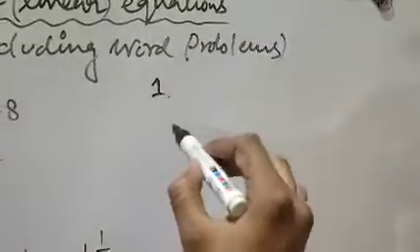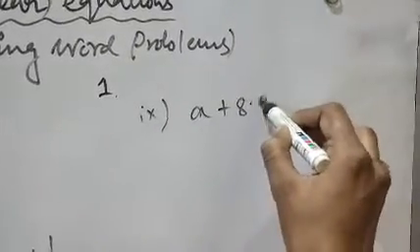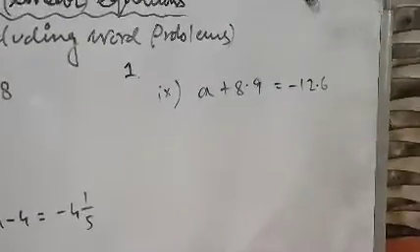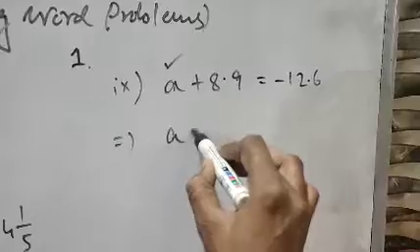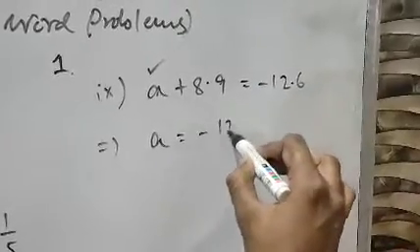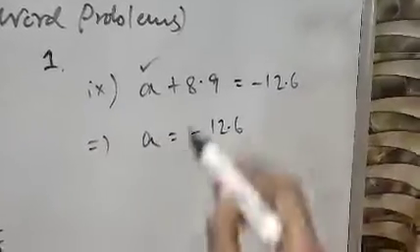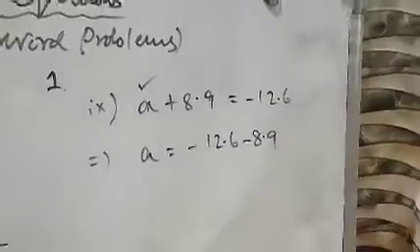Next, question number 9. a plus 8.9 equal to minus 12.6. Here the variable used is a. Therefore, just transfer the constant part. The number here is 8.9 and the sign is plus, so it will automatically get reversed.